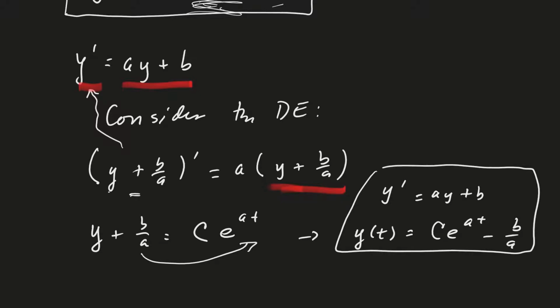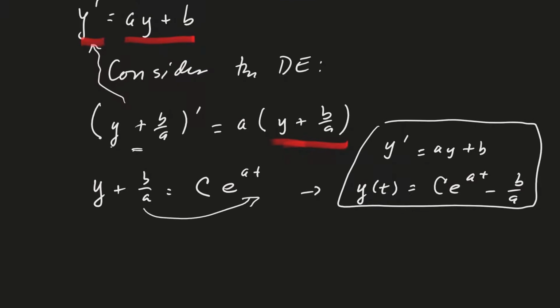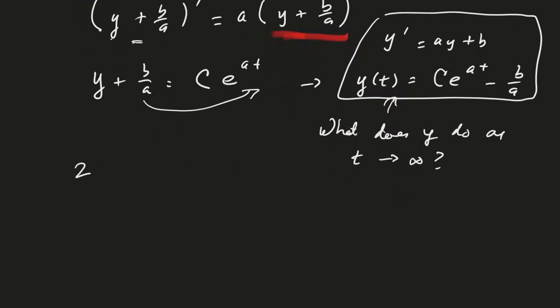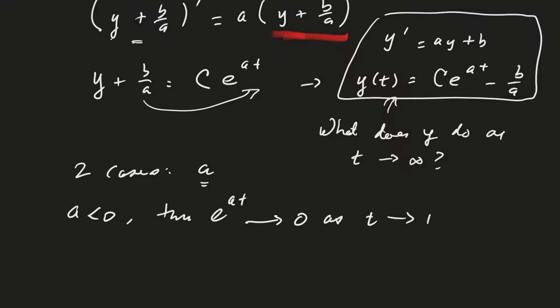Good. So now, before we actually solve this, one question that we often ask is, what does y do as t gets very large? And you can see that there's two cases depending on what a is. If a is negative, then e to the at goes to 0 as t goes to positive infinity.